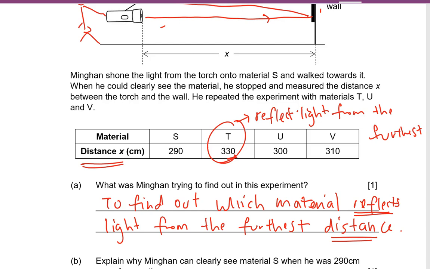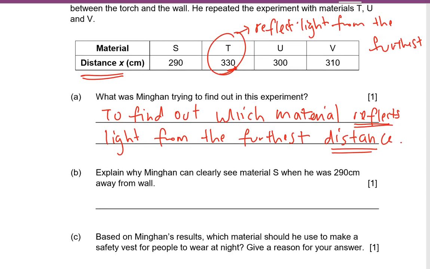Okay, so explain why Ming Han could see material X when he was at 290. Why was it that he was able to see it? Already at 290, because at 290 there was some reflection going on already, right? So why was it able to see? Because X reflected enough light already.